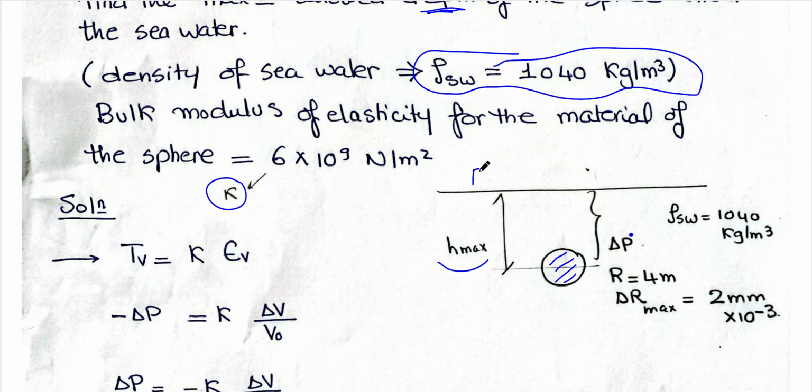If I have P naught, the atmospheric pressure acting on the surface of the water, and I want to get the pressure at depth H, I will name this point A. So I want to calculate the pressure at point A. It will be P naught plus rho of seawater, because I'm under seawater, times g, gravitational acceleration, times H maximum.